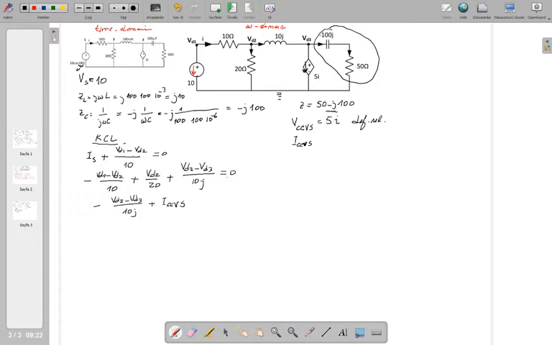Direction coming out of the node is plus, that's why the sign is plus. So VD3 over Z impedance, which is 50 minus j100, is equal to 0. So we have 3 nodes and we wrote 3 node voltage equations here.